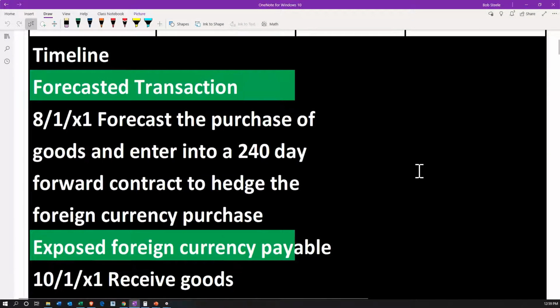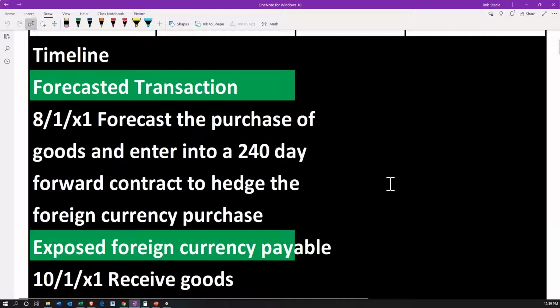The timeline is going to be, we have the forecasted transaction, so we're forecasting a transaction to happen, not having a contract for it at this point in time, but we're predicting and expecting the transaction to take place. We're doing that on 8/1/X1: forecast the purchase of goods and enter into a 240-day forward contract to hedge the foreign currency purchase.